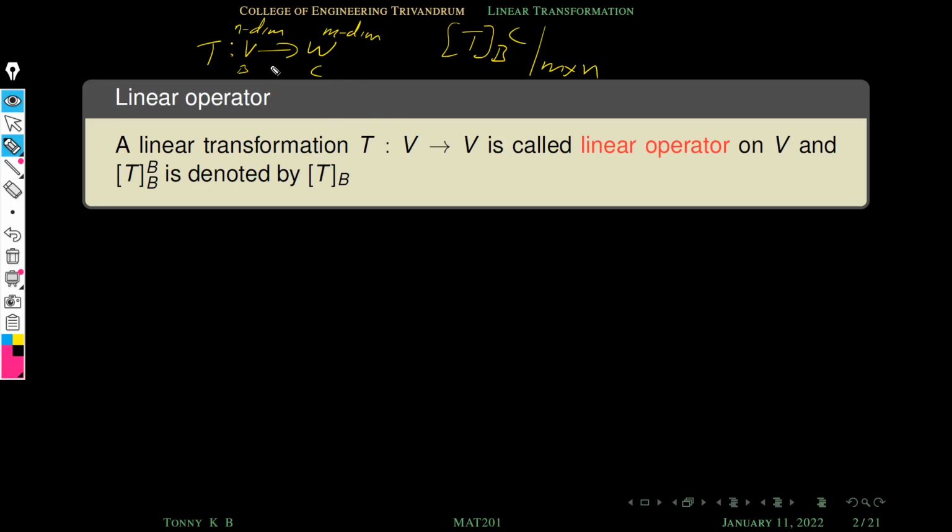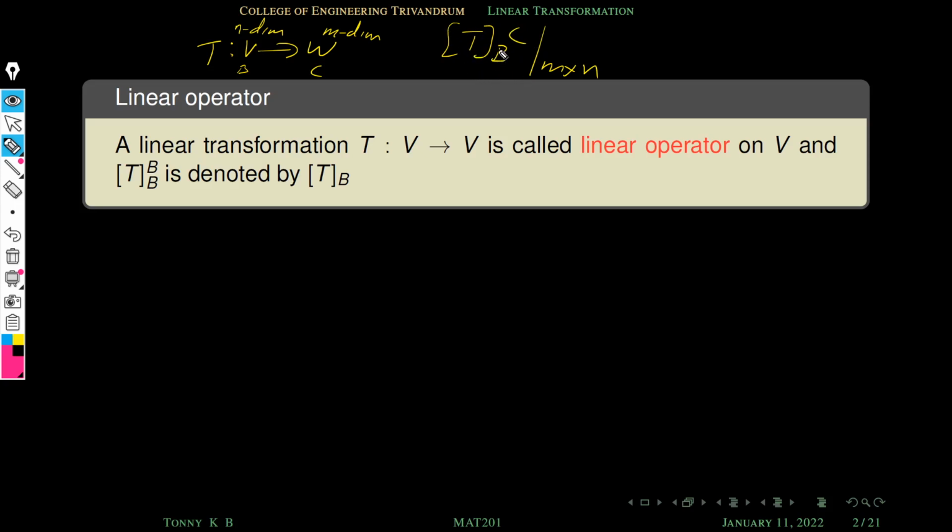And we have seen how to find the matrix of a transformation from some vector space V to W. We assume that V is n dimensional and W is m dimensional, and B and C are bases for V and W respectively. Then this is the notation of the matrix, and we also know how to create it.